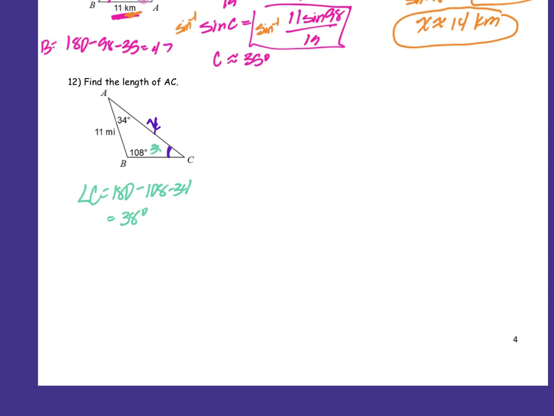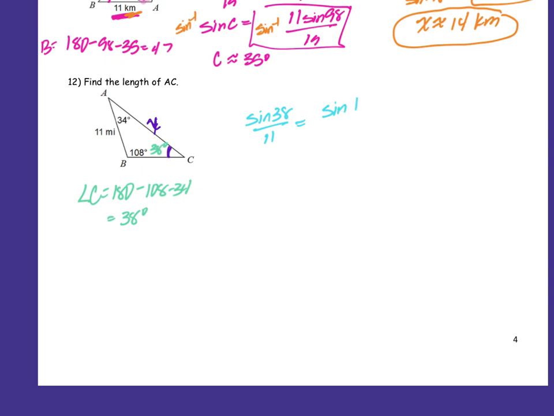So this is 38 degrees. Then I know that the sine of 38 over 11 is going to equal the sine of, oh, that's not right. Let's try that again.